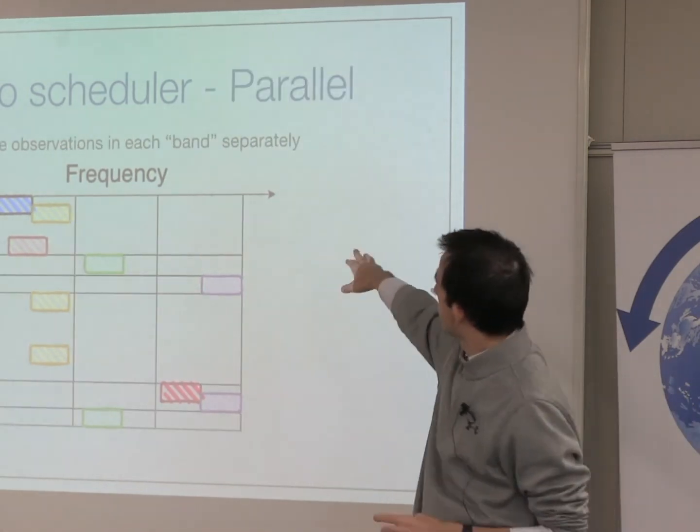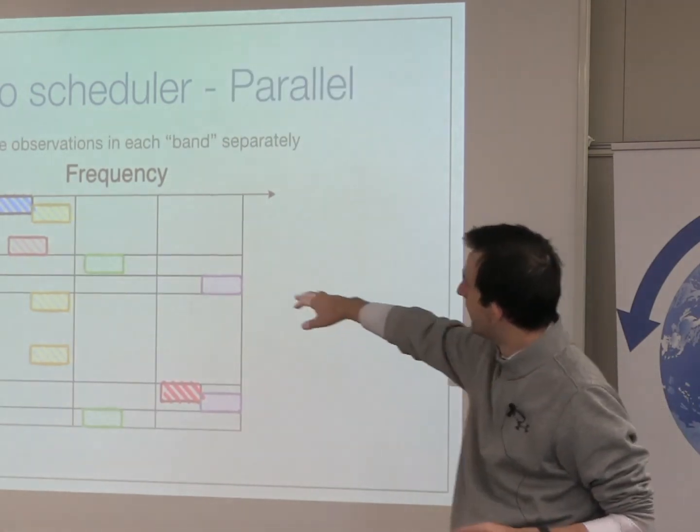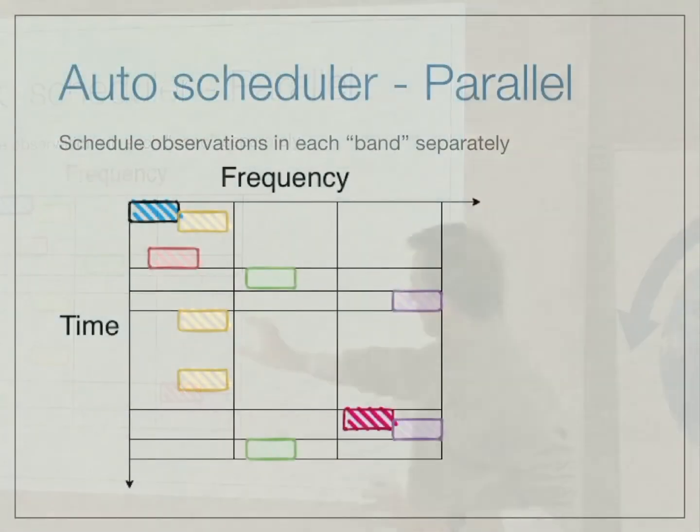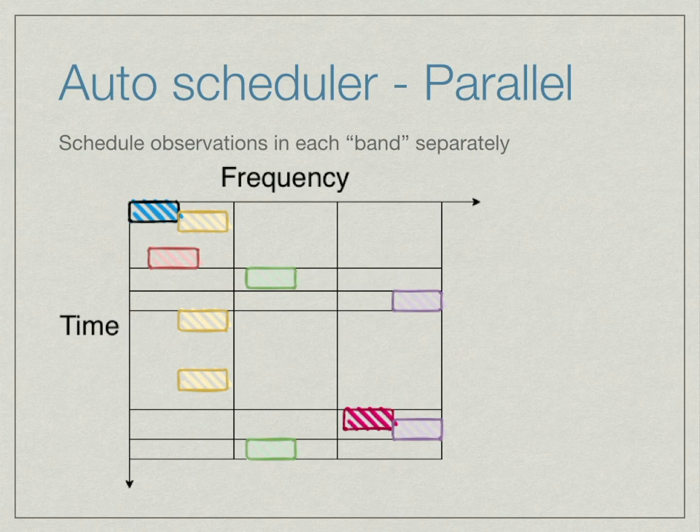So what I did is called parallel, where I split the band. Within 70 centimeters, there are several 2 MHz bands for the satellites, and eventually I can have a little bit more observations. I measured in theory, and for 30 satellites, I got maybe a 20% increase.